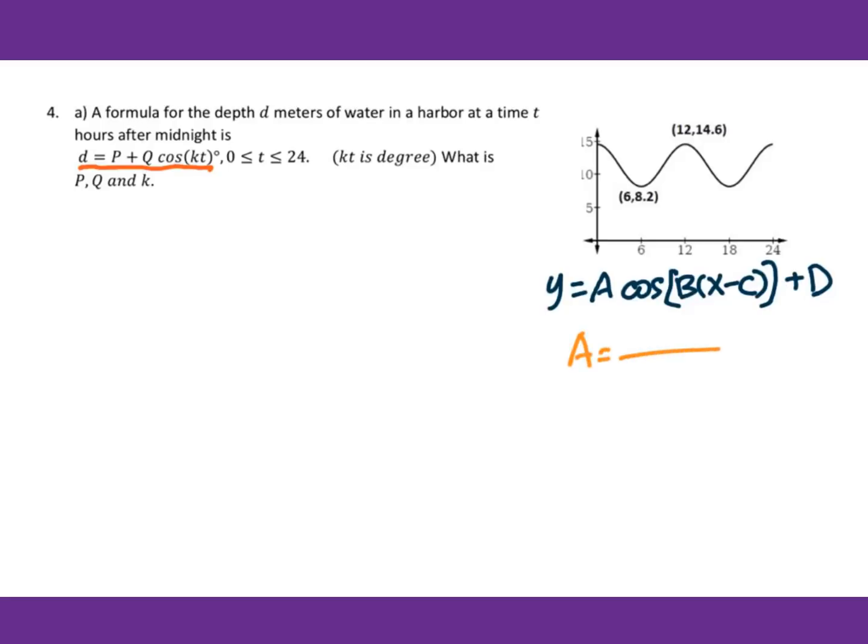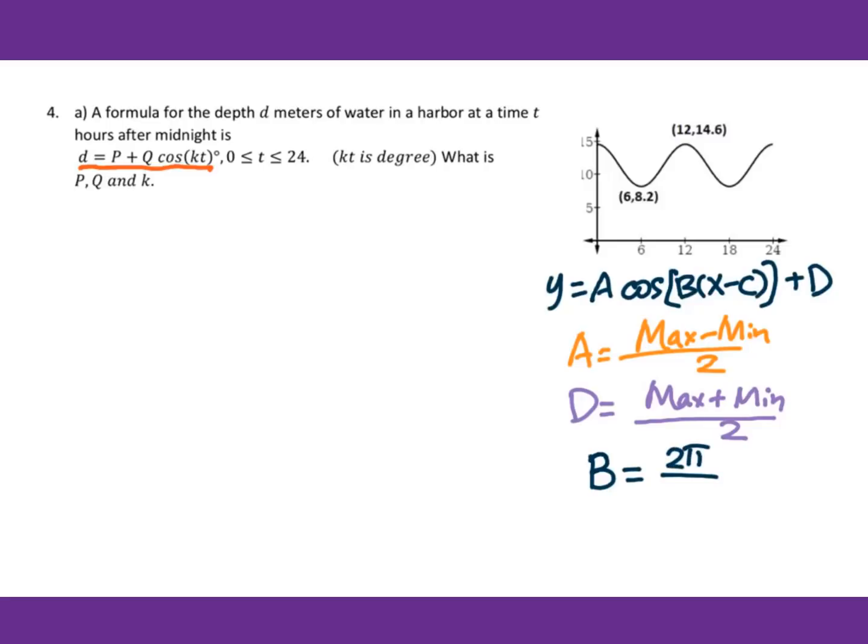A equals maximum minus minimum over 2. D equals maximum plus minimum over 2. And B equals 2 pi over P. P is period.